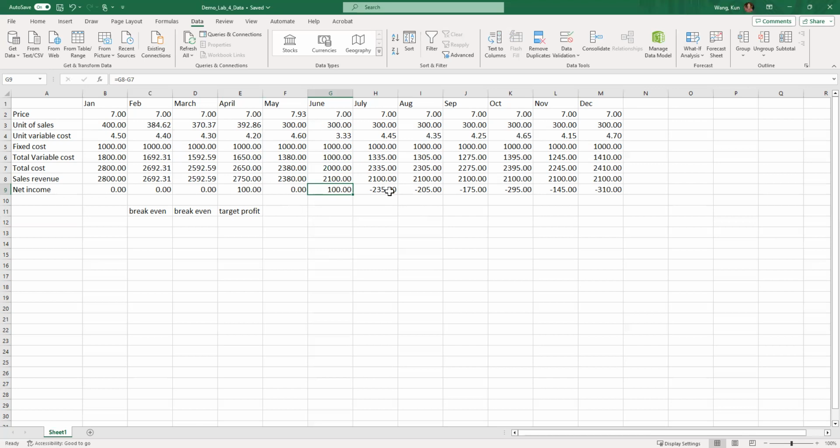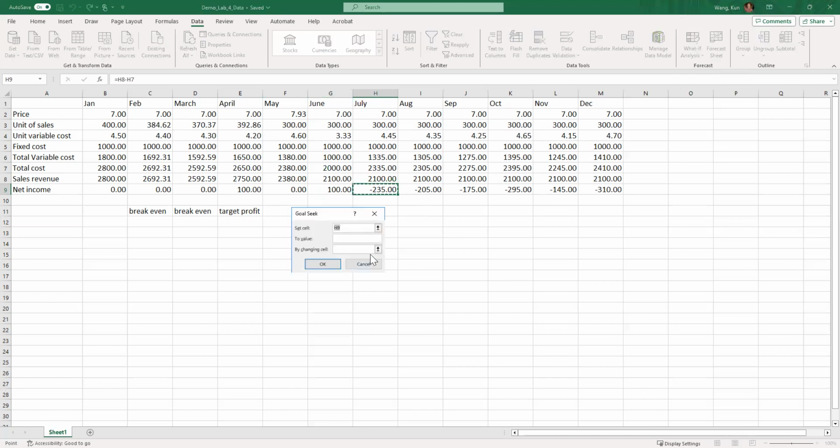Let's do just one more in July, break even, by changing the fixed cost. You can see if we can lower the fixed cost to a certain degree, we can make a break even.